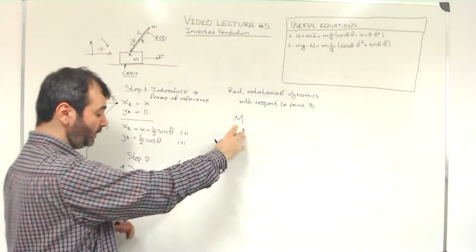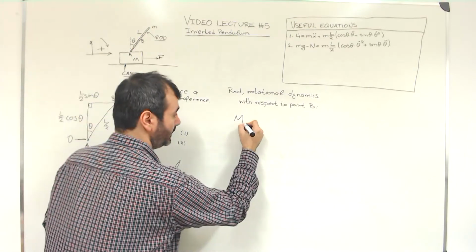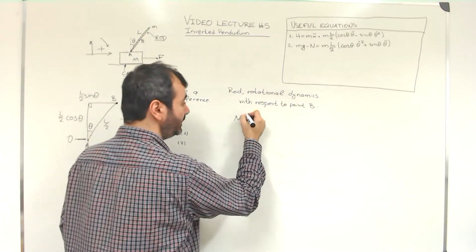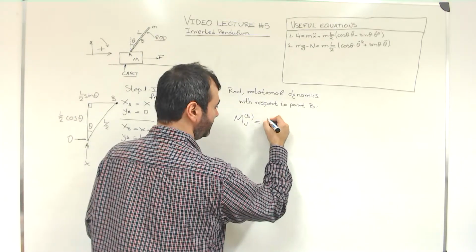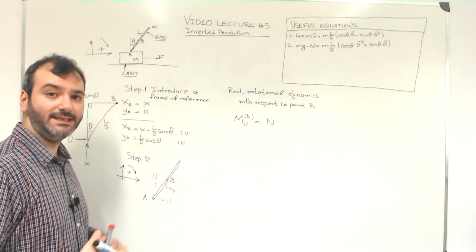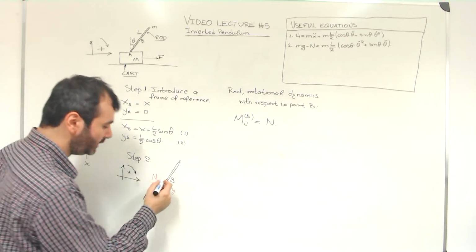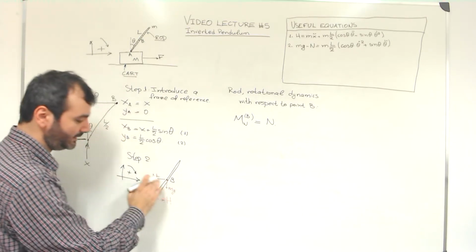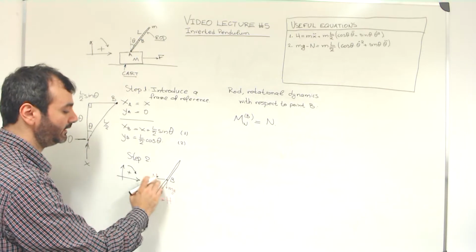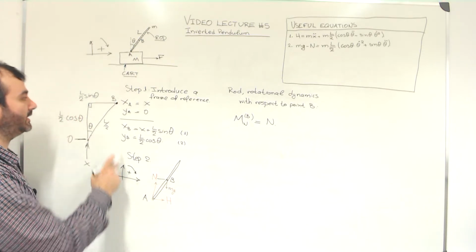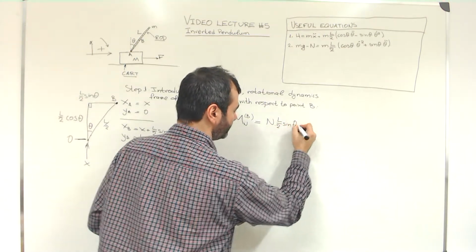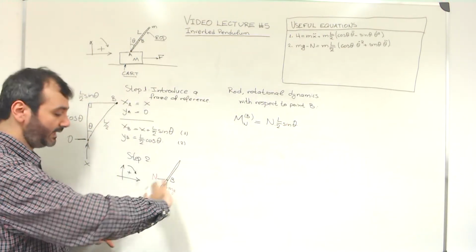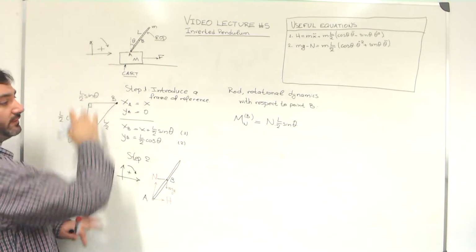So the torque of force N around point B is equal to N, the force, times the distance between the force and point B, which is that distance, the length of this line segment. So it is L half times sine theta. Just to make sure, the sign is positive because of that.